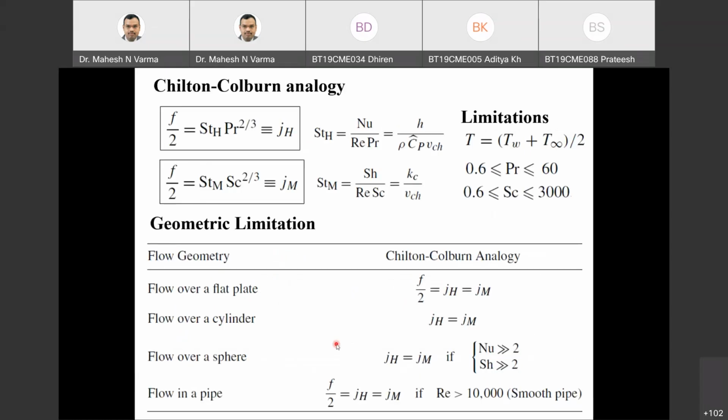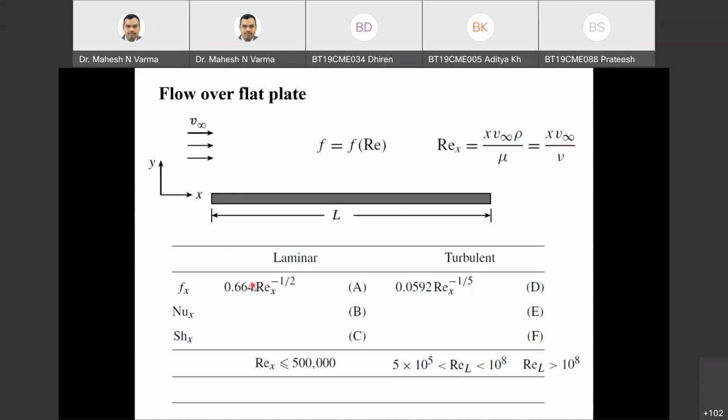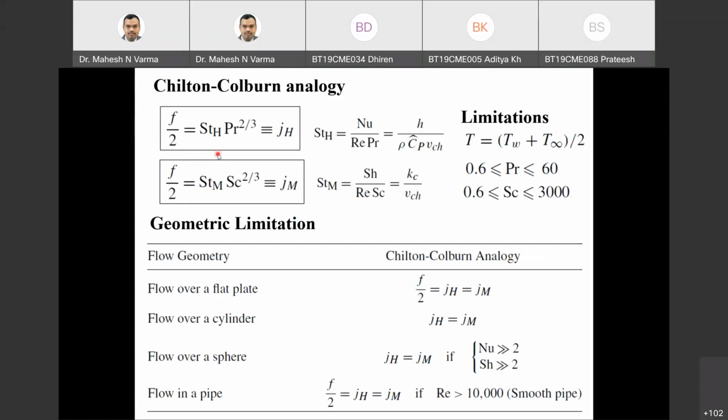Here you put 0.664 Reynolds number raised to half, Re_x, where x represents the local value of Reynolds number. This will be equal to the local value of Nusselt number divided by the local value of Reynolds number, and Prandtl number raised to 2 by 3 divided by Prandtl number gives Prandtl number raised to 1 by 3. Rearrange and get the local value of Nusselt number.